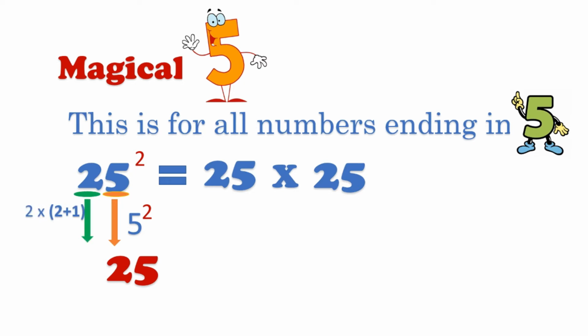What we need to do is multiply the tens place number with the number that comes after it. So 2 multiplied by 3, which comes after 2. This gives us 6, and place the 6 on the left hand side of 25. So your answer to 25 times 25 is equal to 625.